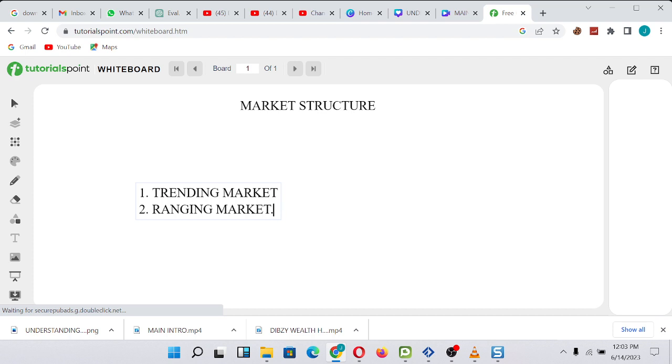The first is the trending market. Let's look at the trending market before we get to that of the ranging market.